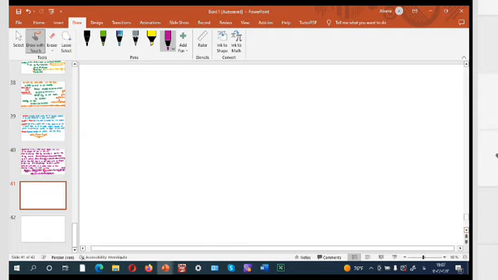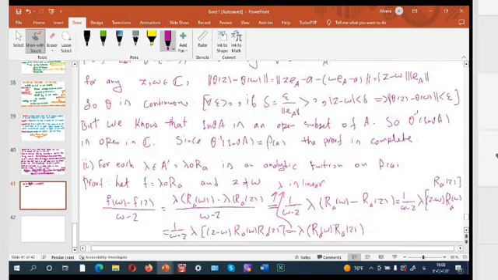So this limit exists, okay, this limit exists and is equal to minus lambda of R_a z to the power of 2. Okay, this multiplied by this.